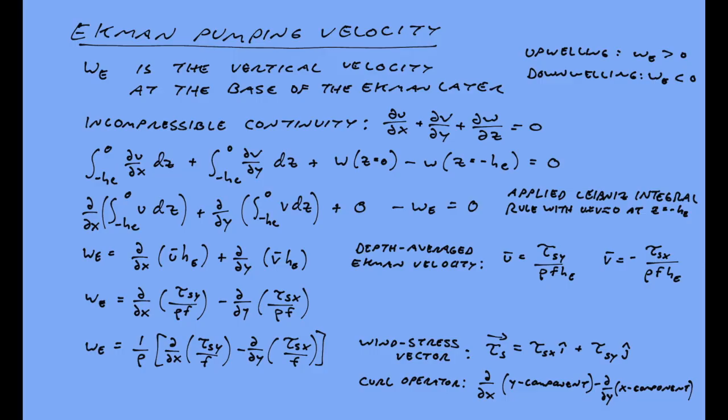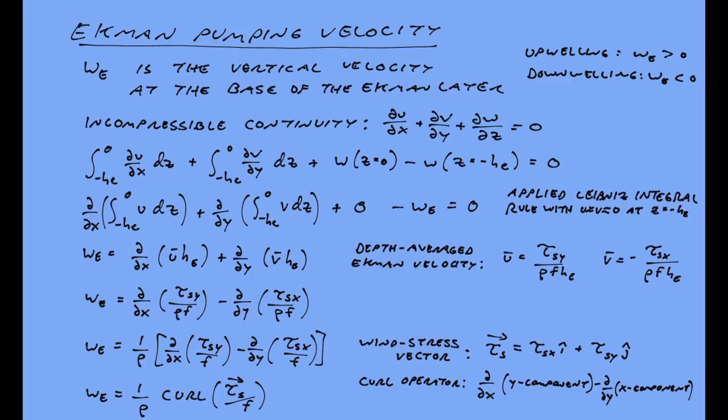It's d/dx of the y component of a vector minus d/dy of an x component, and that's what we have here. So with that notation, the Ekman pumping velocity w_E equals 1 over rho, the curl of the wind stress vector divided by f. And that's how you often see it, this curl of tau_s over f.